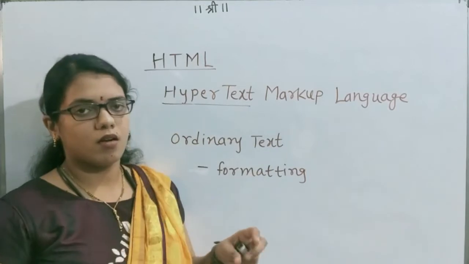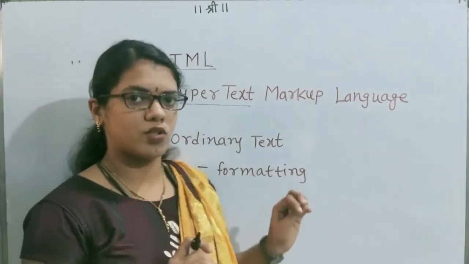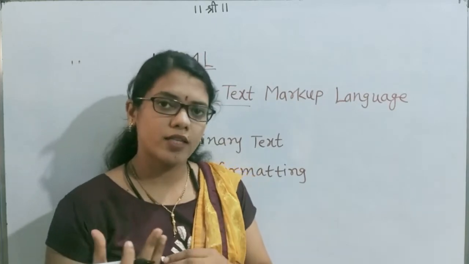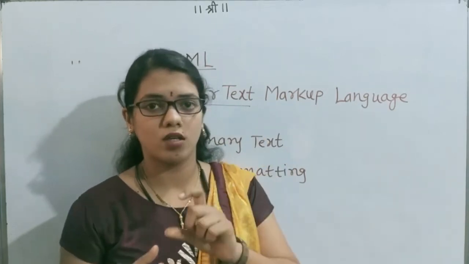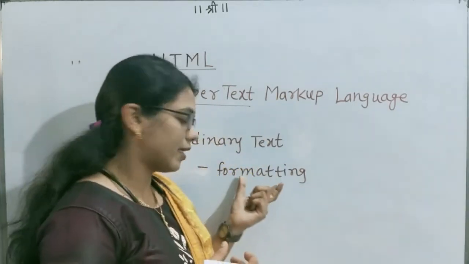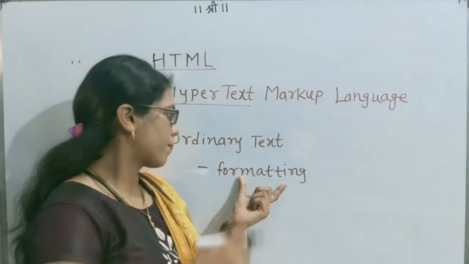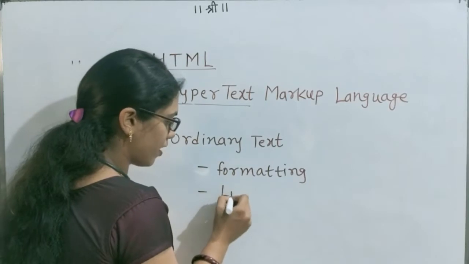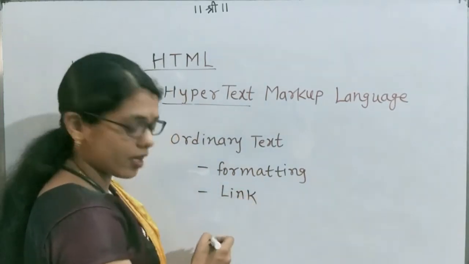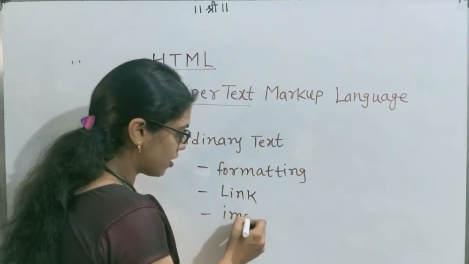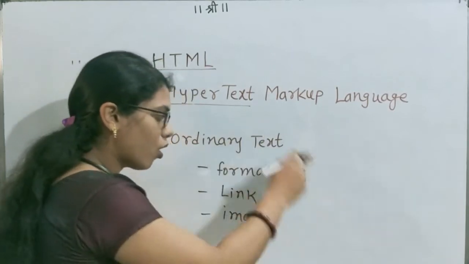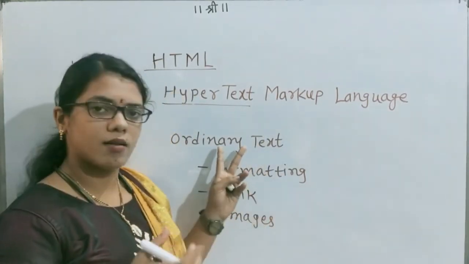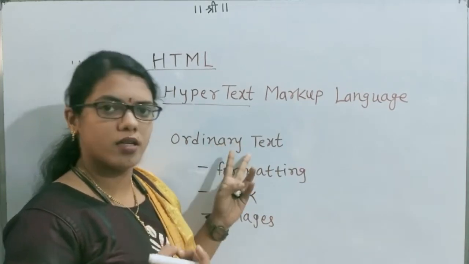Sometimes we are performing some operations inside Word, inside PPT, and then we are changing some effects, some color, some font size. That means formatting. So ordinary text has the capacity of formatting, providing a link, providing images. All those concepts, all those features are present inside ordinary text.